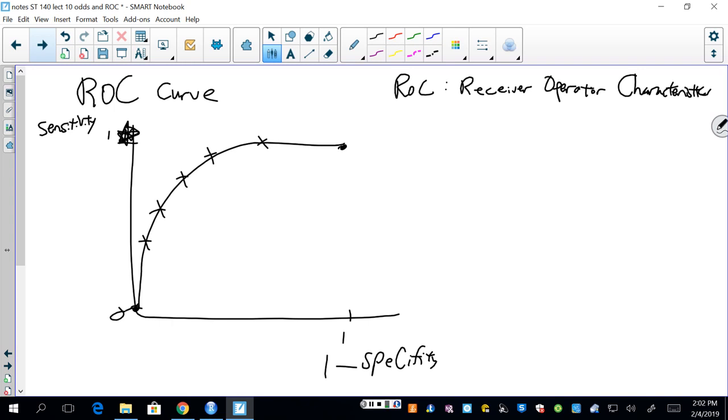But what people look at is the area under this curve, and the higher this curve goes, it means higher sensitivity.